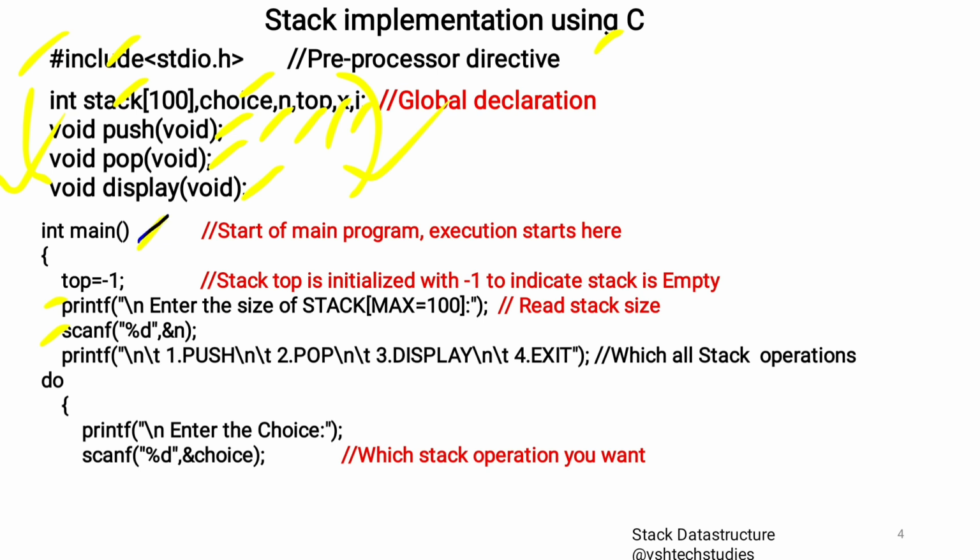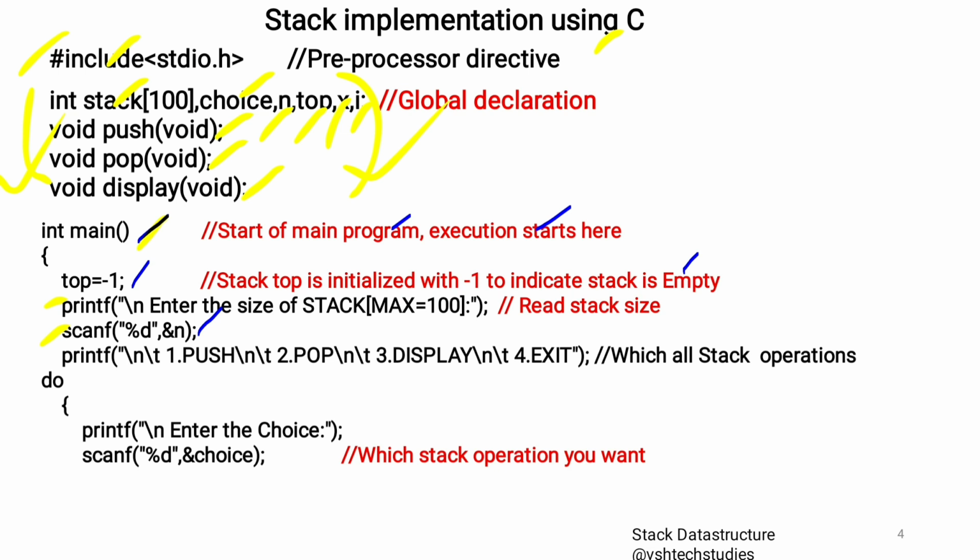Main program execution starts from here. Top is made -1, because at the start the stack is empty. With scanf, out of the 100-sized stack, we decide how much size we are going to use.